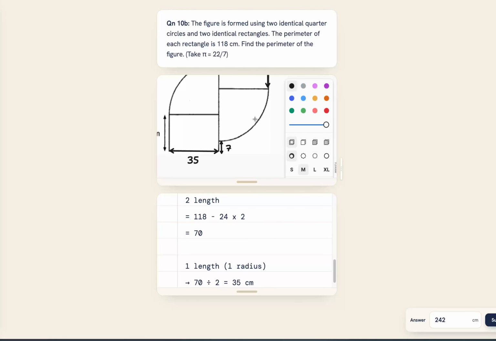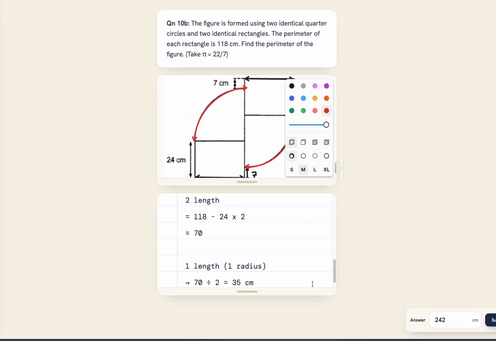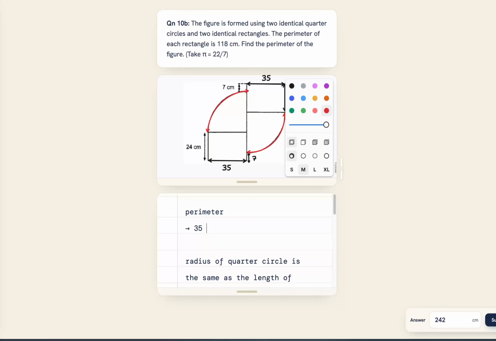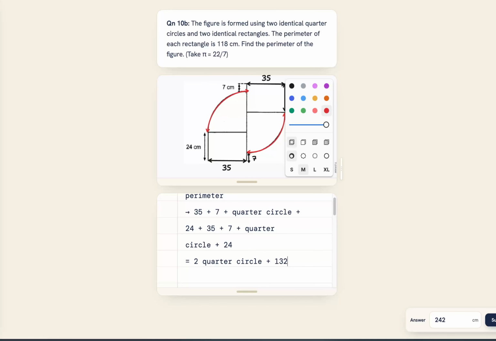The last thing that we need to find is this part, which I'm going to put in red, which is the circumference of the quarter circle. So the perimeter is basically 35 plus 7 plus quarter circle plus 24 plus 35 plus 7 plus quarter circle plus 24. That means it's just 2 quarter circles plus 132 centimeters.